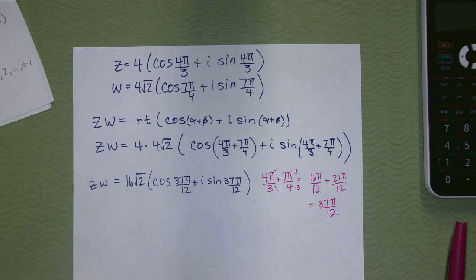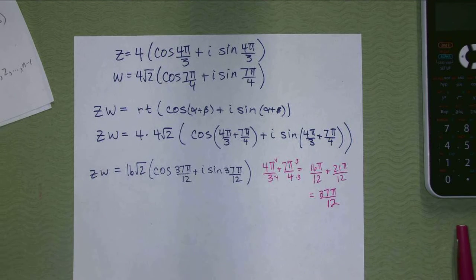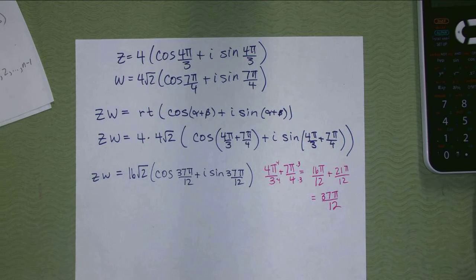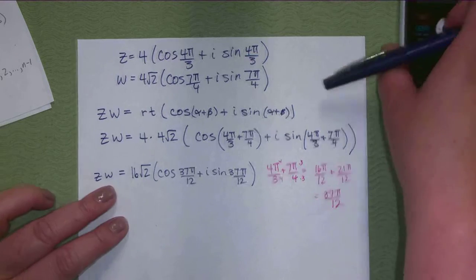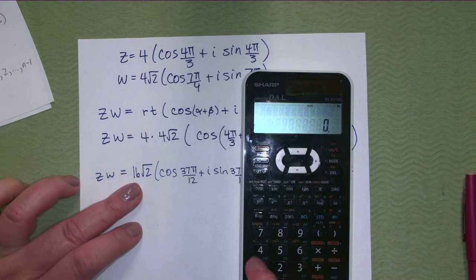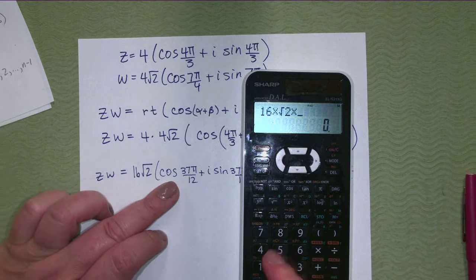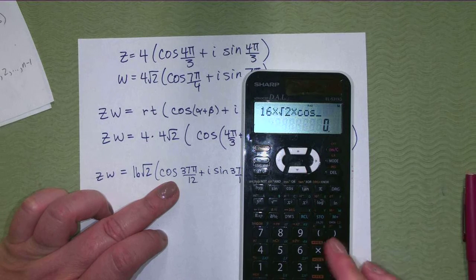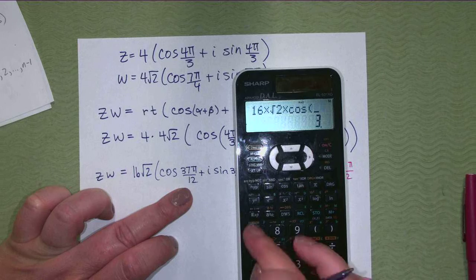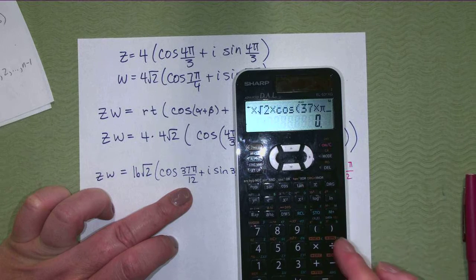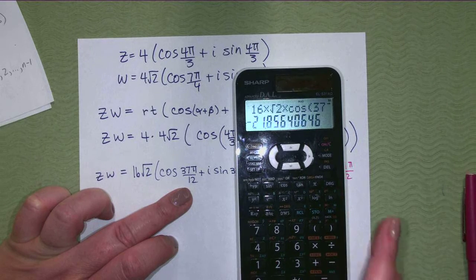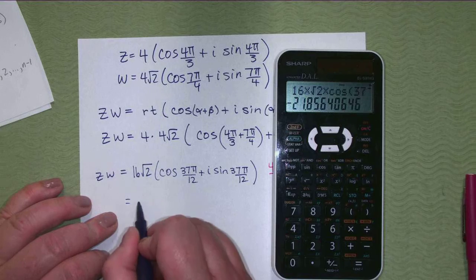Right, so say, for example, I asked you to plot the point. You would then need to actually find the values in the calculator. So I would do 16 times root 2 times cos of 37 times pi divided by 12 in a bracket, equals. So my first number will be minus 21.86.